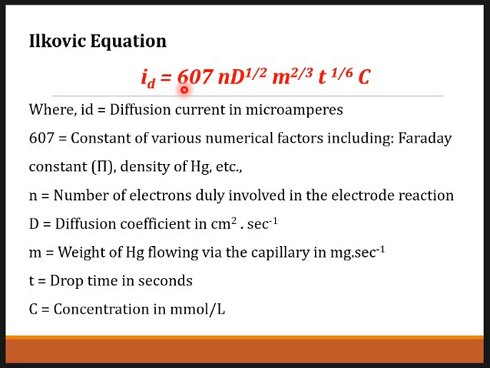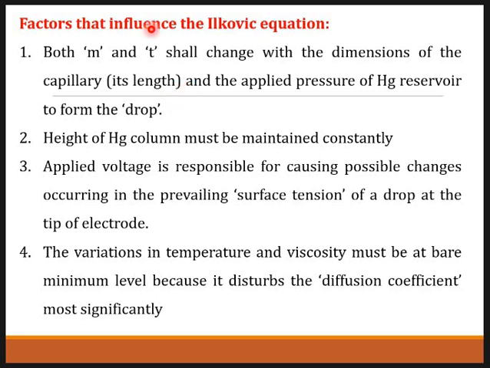In addition to n, D, m, t and concentration, we have some more factors which will affect the measured diffusion current. What are the factors which influence the Ilkovic equation? As we discussed in the equation, m and t, that is mass and drop time, will change with the dimension of the capillary and the applied pressure of the mercury reservoir to form a drop.